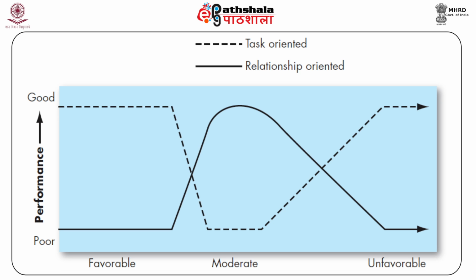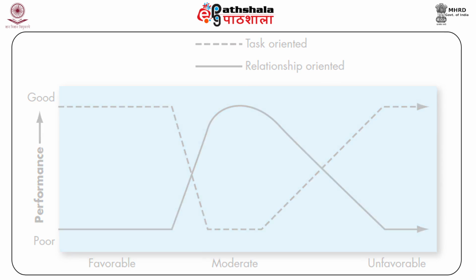On the contrary, the relationship-oriented leaders performed well in moderately favorable or moderately unfavorable situations, which offer moderate control to the leader. Despite being a powerful model, Fiedler's contingency model was criticized on the grounds that the LPC scores were unstable and the three contingency dimensions were difficult to assess.